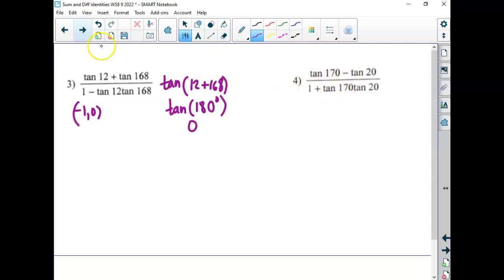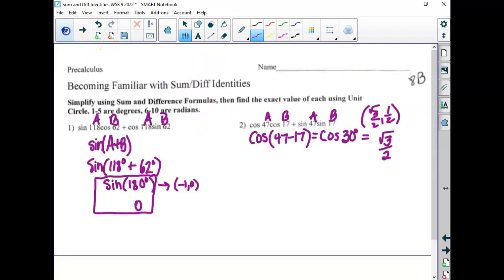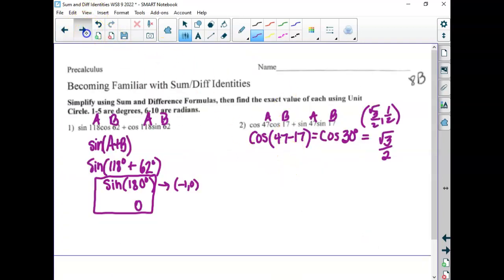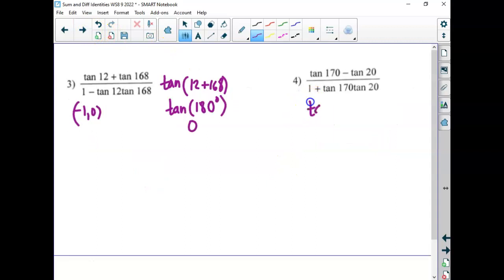This one has a minus on top and a plus on the bottom. So that one is tan of A minus B. You should hear flipping of sheets here unless you have this all memorized.